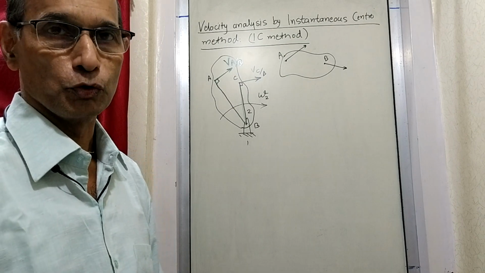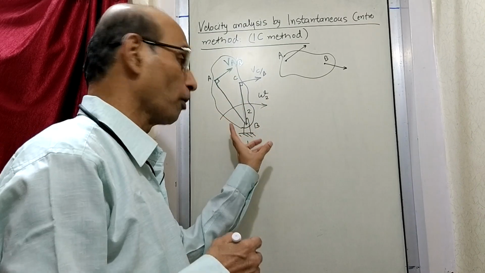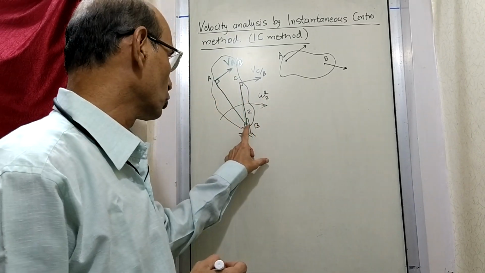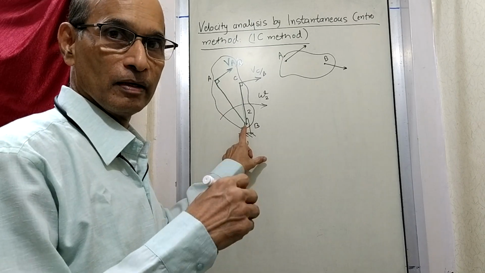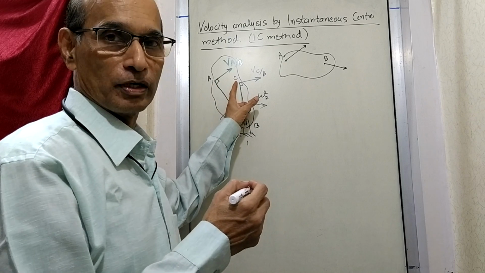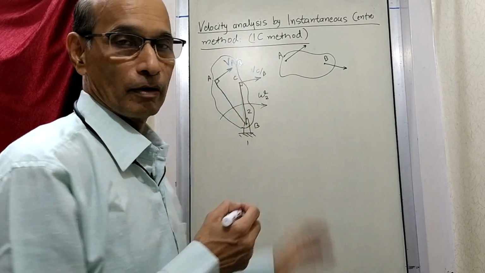Suppose that is asked of you. That means you are asked the question exactly opposite of what is here. In this case, we already know that the link is rotating about this point, that is given. Now we are asked what is the velocity of this, what is the velocity of this. And then we said this is the velocity, this is the velocity.